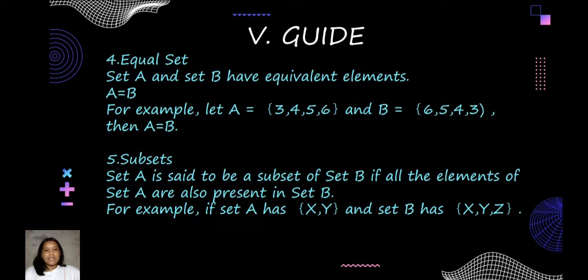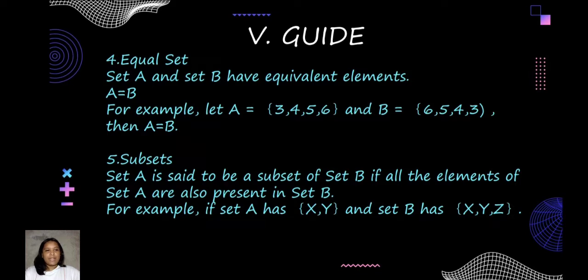It means set A and set B have equivalent elements, and we can denote it as A equals B. For example, let A equals open curly bracket 3, 4, 5, 6 close curly bracket, and B equals open curly bracket 6, 5, 4, 3 close curly bracket, then A equals B.